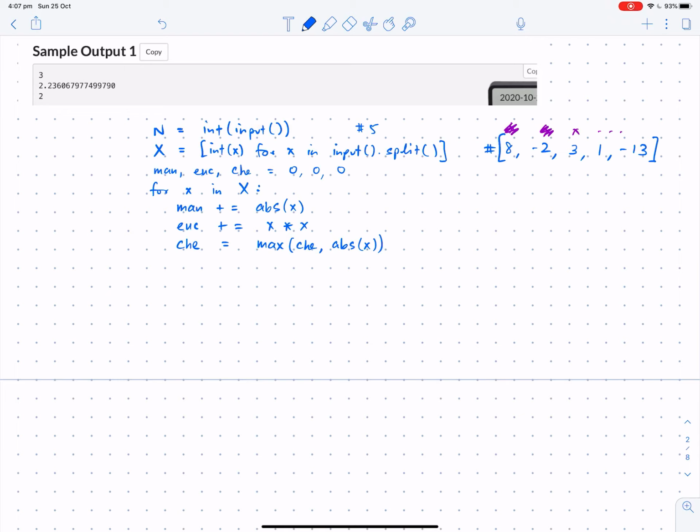The Euclidean will be the sum of the squares, which we have to square root, and the Manhattan will be the correct answer. And so now we just say Euclidean equals math dot square root Euclidean. Right, and for that to work, we need import math up the top.